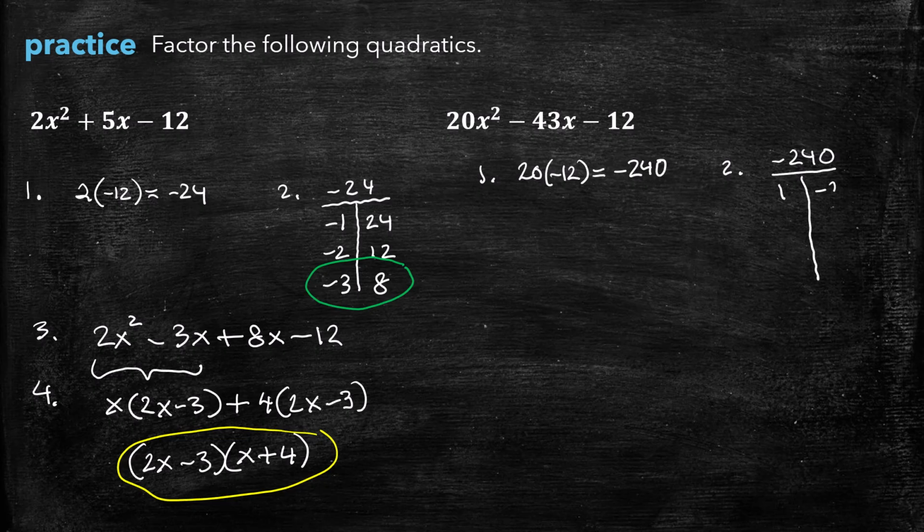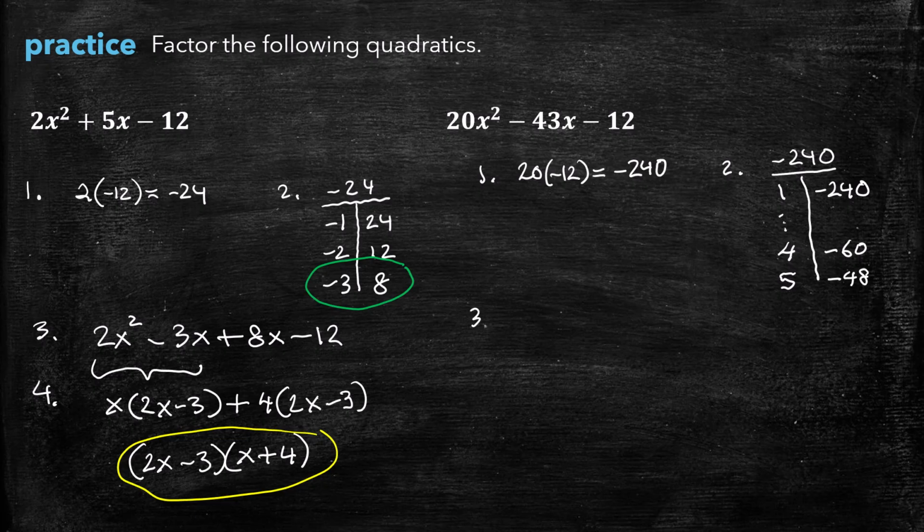So 1 times negative 240, they're too far apart. They're not going to add to what we need, negative 43. So I'm going to skip down here a bit, and maybe, what about 4 and negative 60? They add, oh, that's getting closer, but not quite. And what about 5? Does 5 go into negative 240? It does indeed. It goes negative 48 times.